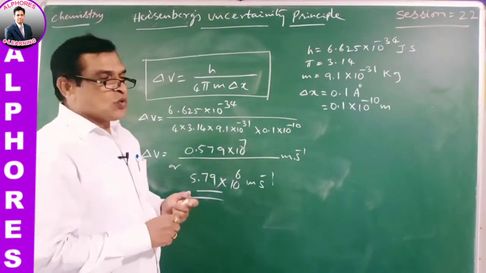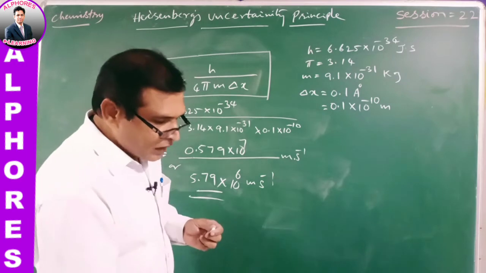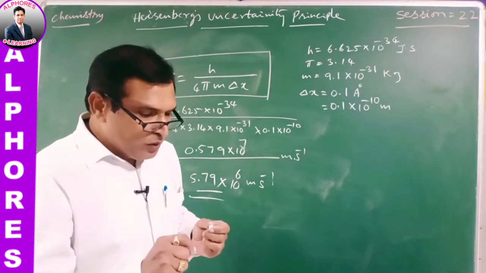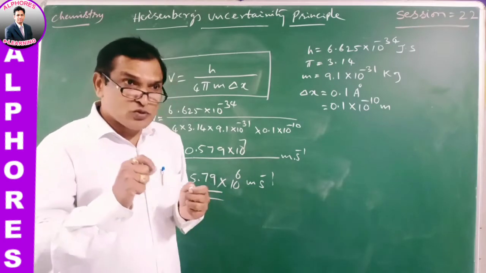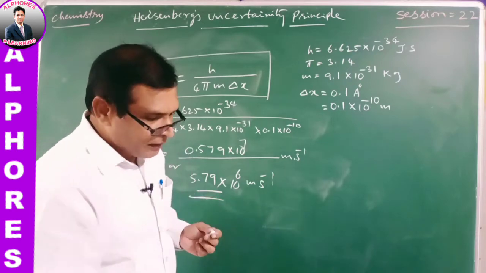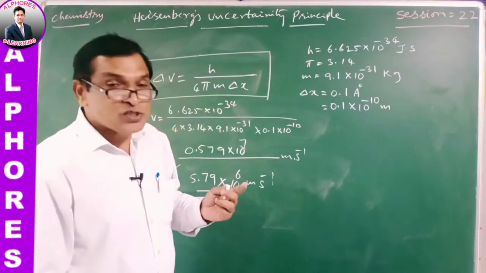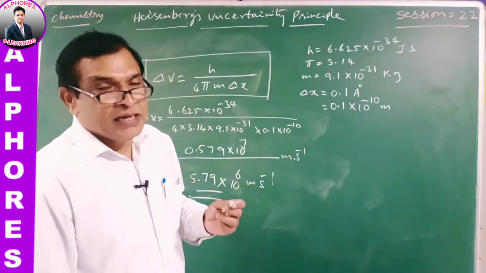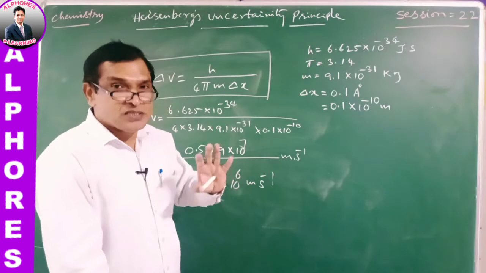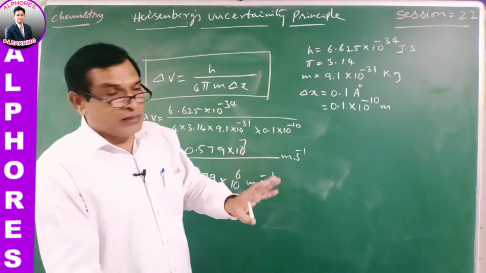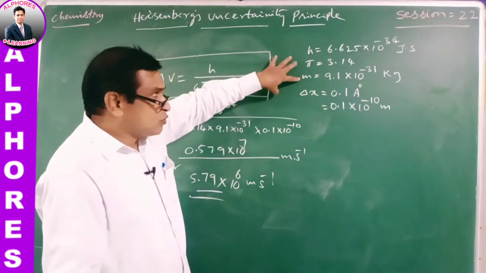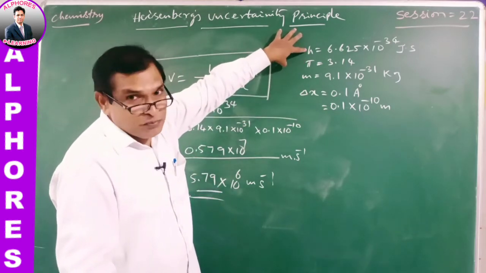So according to the question, a microscope using suitable photon, that means light, is focusing on the particular electron at a distance of 0.1 angstroms. That means the change in position, he is explaining that 0.1. This is delta x, he said. So then mass of the electron we understood, and pi value and h Planck's constant value.